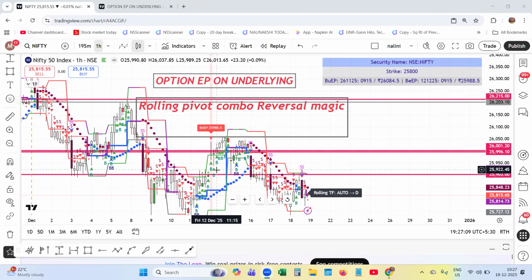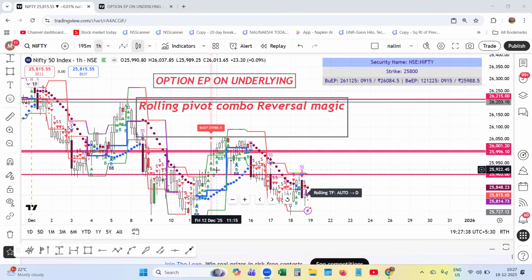If the price is exhausted, they will change from green to neutral. That indicates that the market is preparing for some sort of reversal, whether in the down move or in the up move. You know all about the rolling pivot in detail from my previous videos.